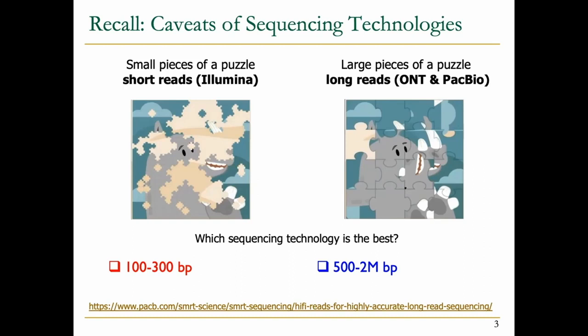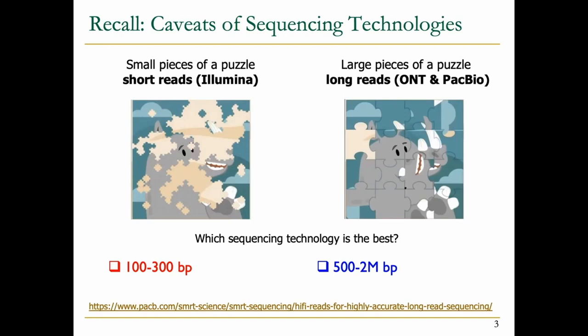Which is actually bad, right? Because it makes your job harder to solve that puzzle. If your goal is to solve a puzzle, you would essentially pick larger pieces because your job would be much easier, right? There wouldn't be any ambiguity.